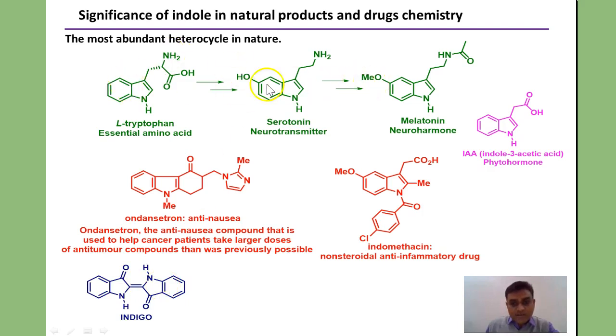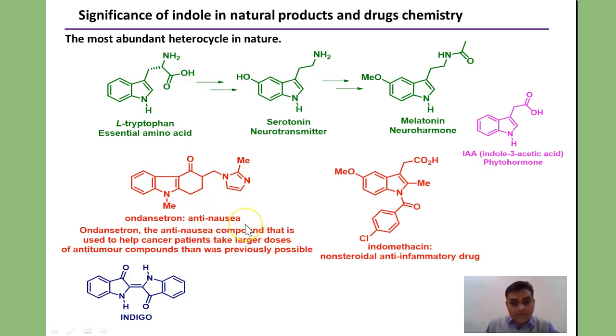Now, apart from natural products, indole is again a very abundant substructural unit in a range of commercially available drugs. For example, ondansetron as well as indomethacin. Only these two representative examples are shown. There is a range of drugs which contain indole as a substructural unit.